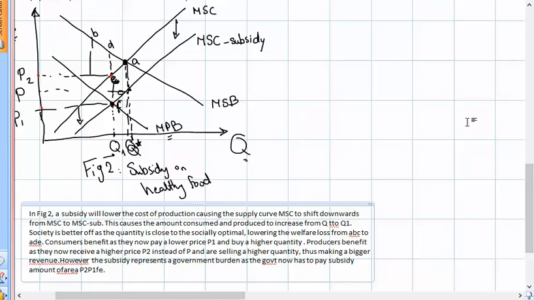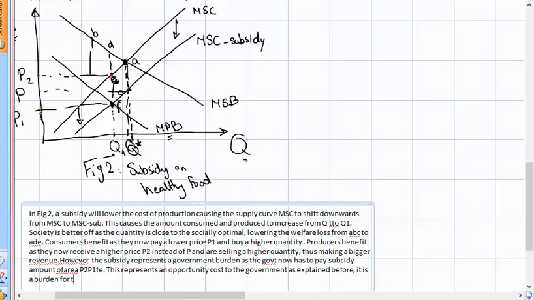Now again, this represents a cost to the government, an opportunity cost to the government, as explained before. It is also a burden for the government to sustain such cost over a long period of time.